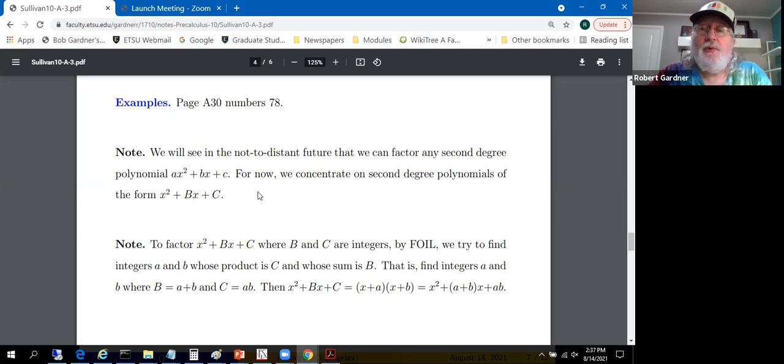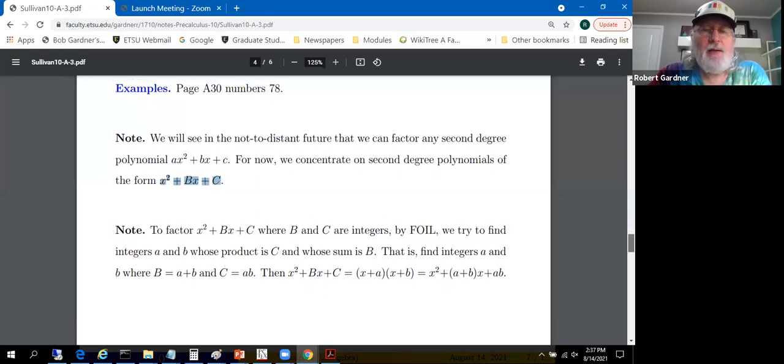So what we're going to concentrate on first is a second degree polynomial of this form: 1x squared plus capital BX plus capital C. So we're considering first factoring these kinds of polynomials, and then next we'll look at something more general.